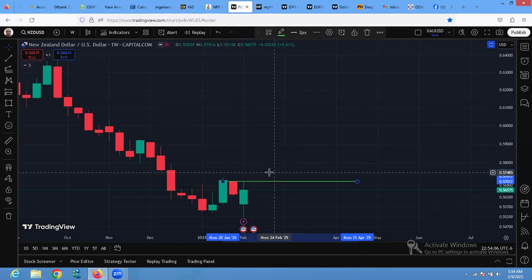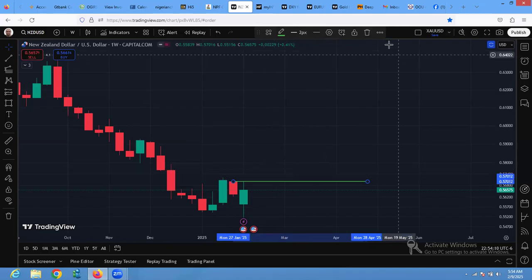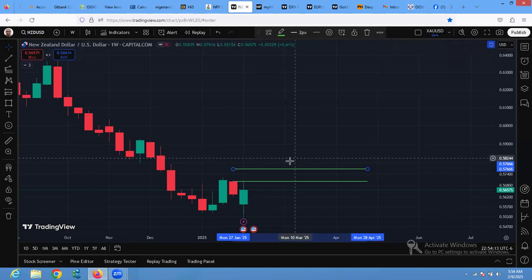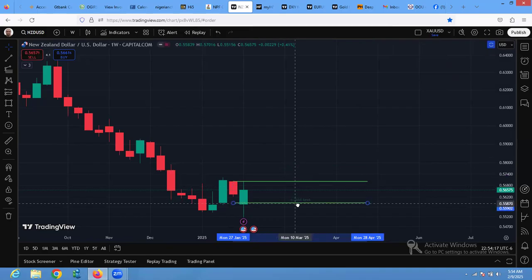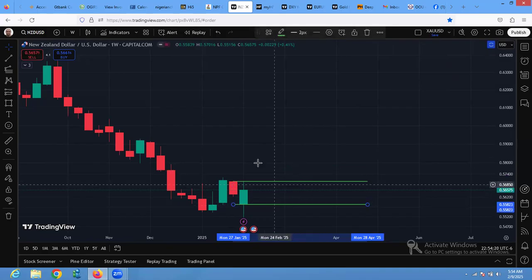We need price to actually close above this area to open up more potential for us to buy. We should expect reaction between this area.